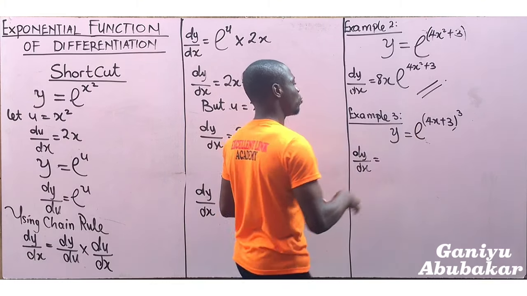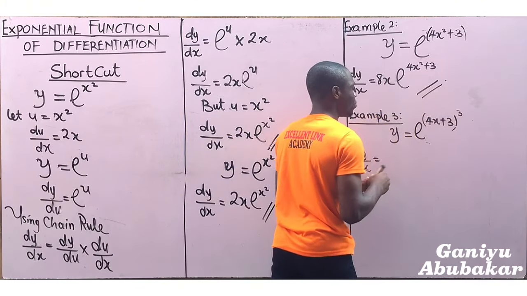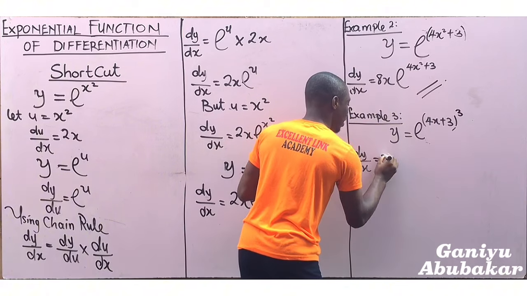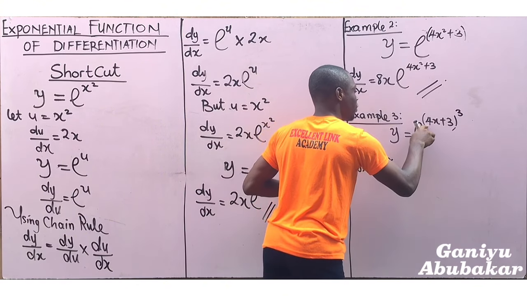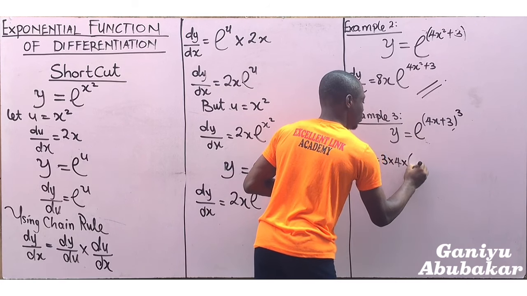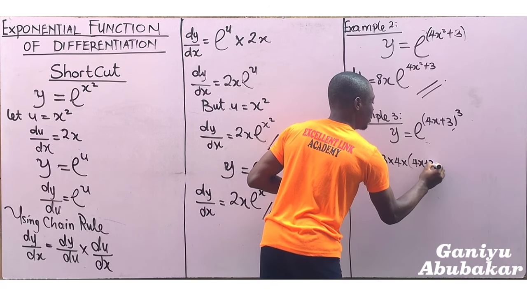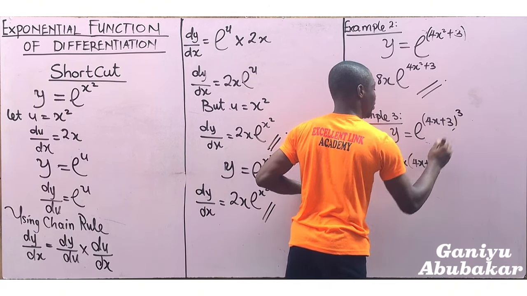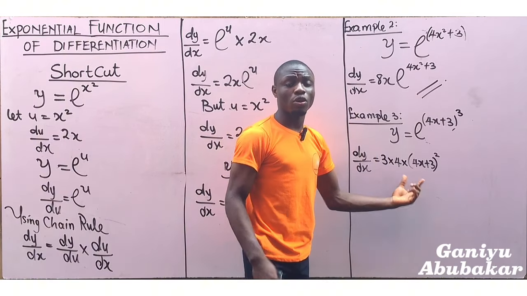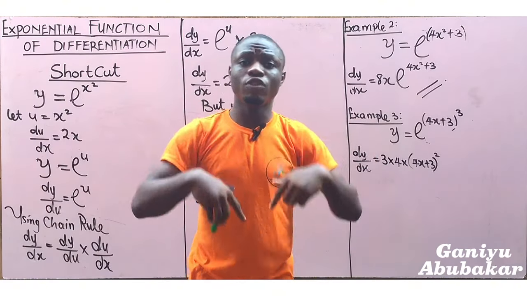So to solve this one using shortcuts for chain rule, our first task is that right at the power, I have 3. Differentiate them in brackets, I have 4. Repeat the question, 4x plus 3. Subtract 1 from 3, I have 2. This is the idea behind chain rule shortcuts. So I'll drop the link in the description of this video.